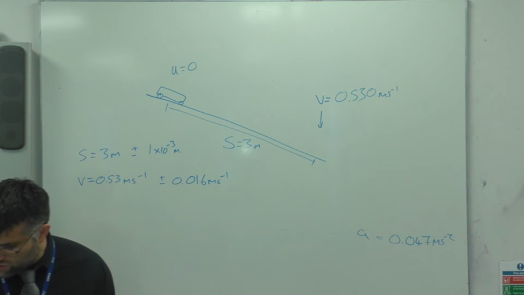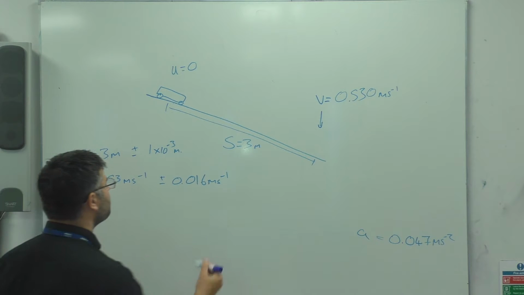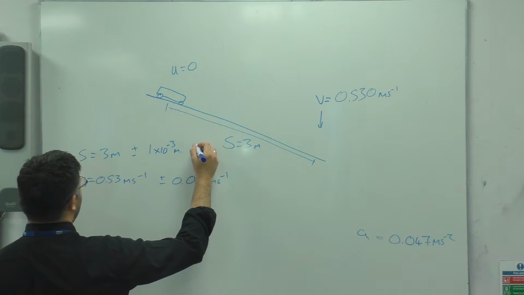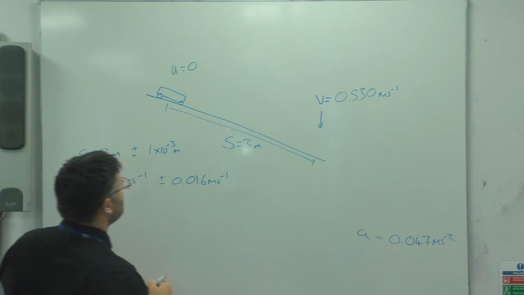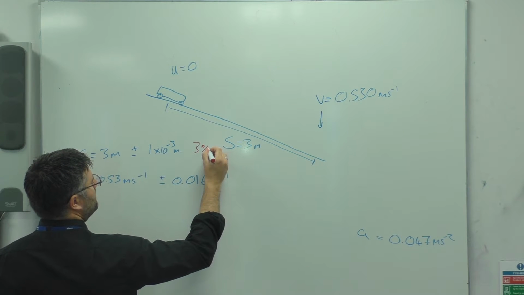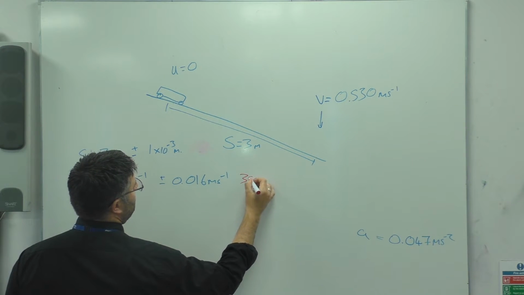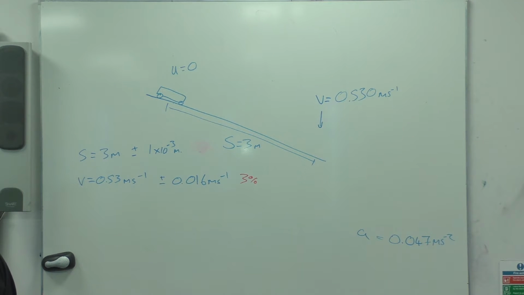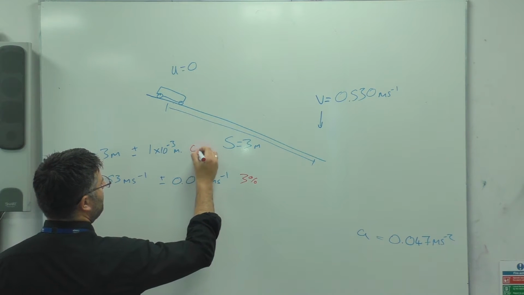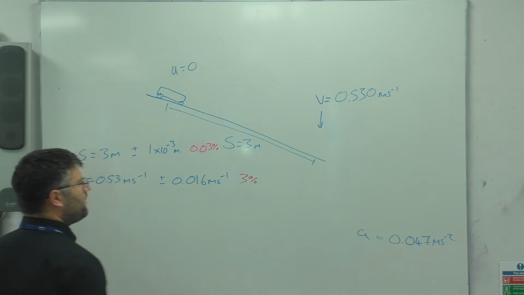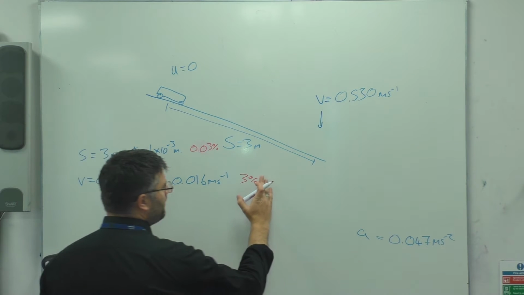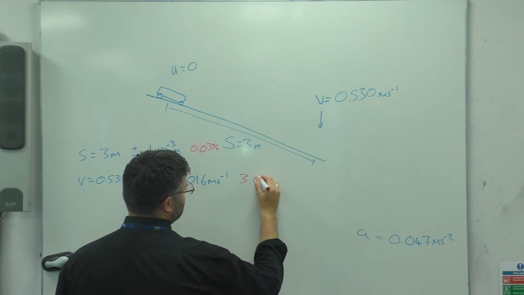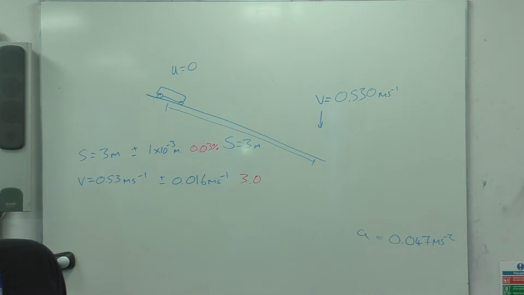So you should get answers of around 3% for the velocity, and about 0.03% for the distance. Okay, so I'm actually going to use this to the proper amount of decimal places, 0.02 I believe it is.